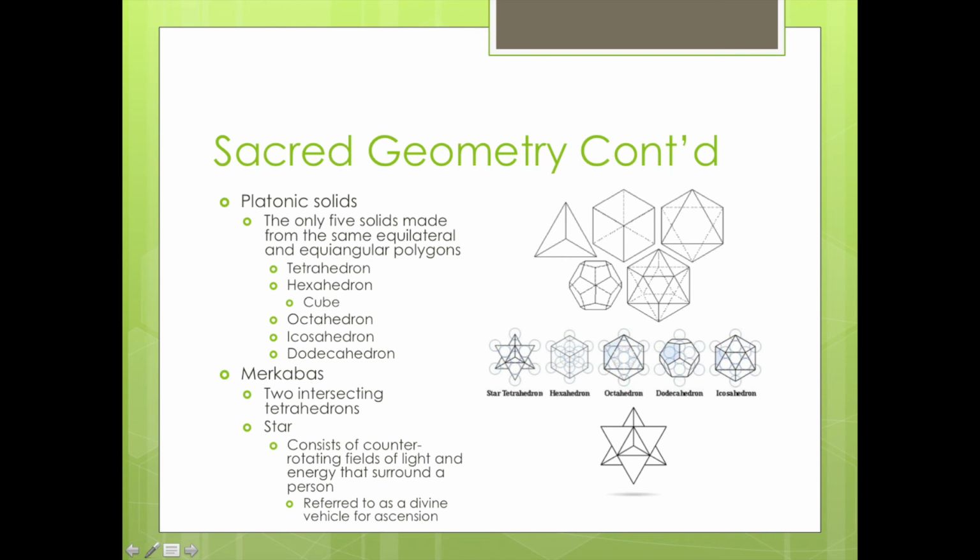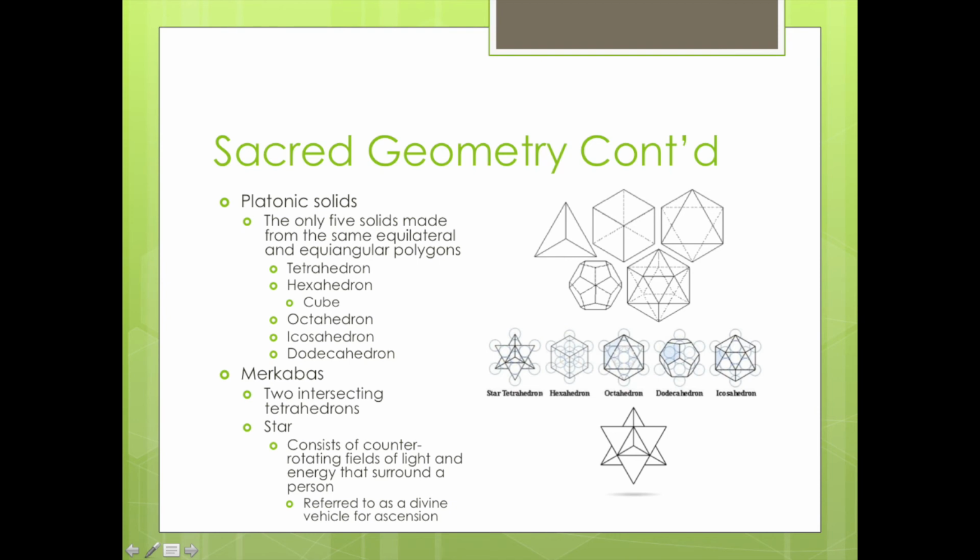We have Merkabas. Mer means light, Ka means spirit, and Ba means body. These are 2 intersecting tetrahedrons, so it forms a star-like figure. They consist of counter-rotating fields of light and energy that surround a person.